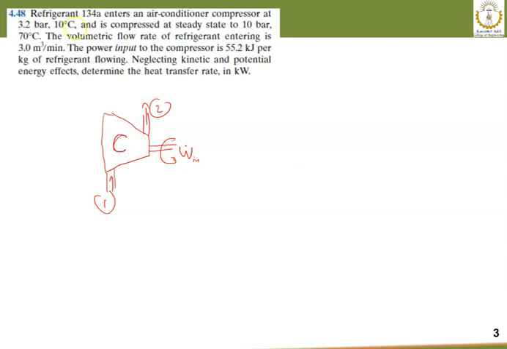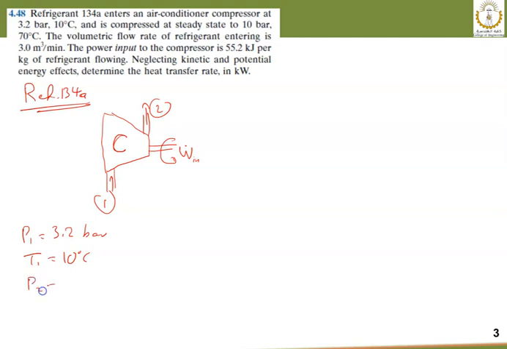So here we have R134A. This is the substance that we deal with. We have P1 equals 3.2 bar, T1 equals 10 degrees centigrade.